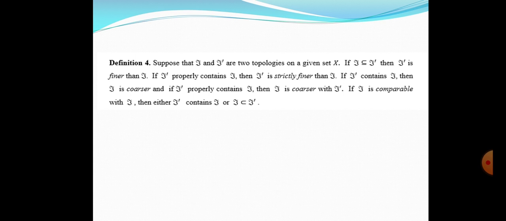If tau dash contains tau, then tau is coarser than tau dash, and if tau dash properly contains tau, then tau is strictly coarser than tau dash. If tau is comparable with tau dash, then either tau dash contains tau or tau is a subset of tau dash.